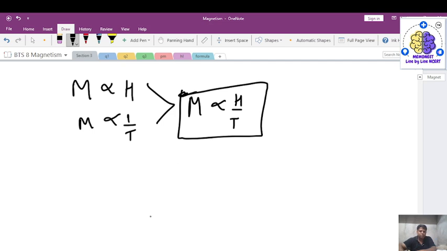To remove the proportionality, we write M is equal to C into H upon T, where C is the proportionality constant, known as Curie's constant.